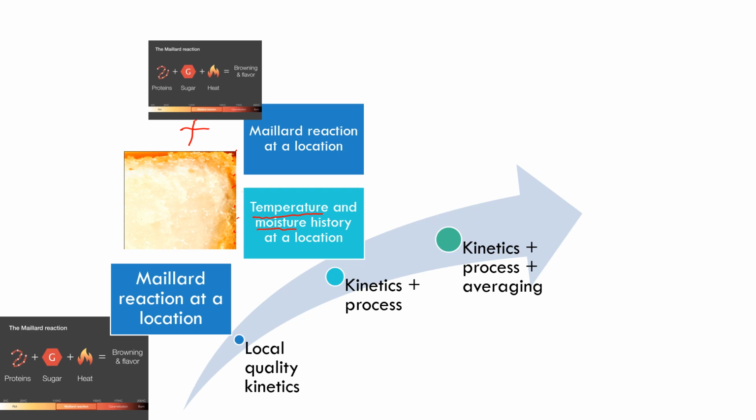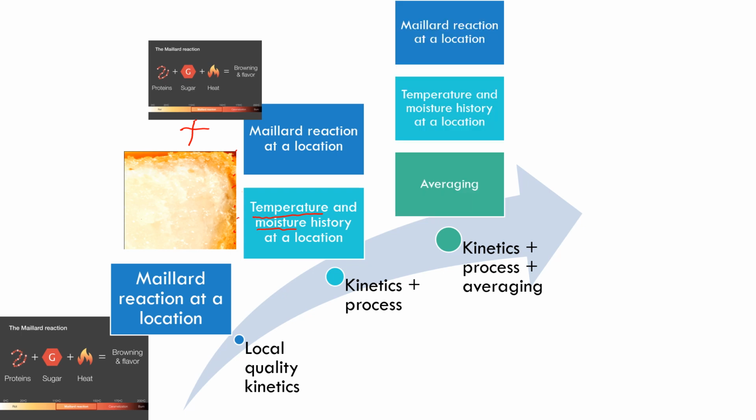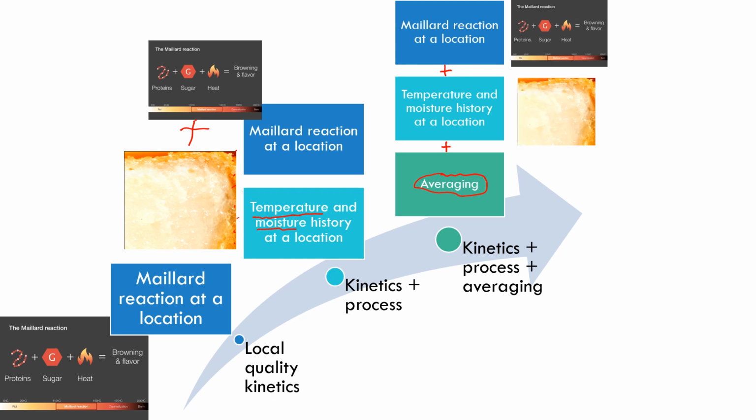Now that also is kind of too much information and not exactly how we use it. So we have another step. In that step, what we do is averaging. So we take information, the kinetics, combine with process, and then average. Okay, and so this is how it looks. So reaction at a location, and then we combine with temperature and moisture history as needed.